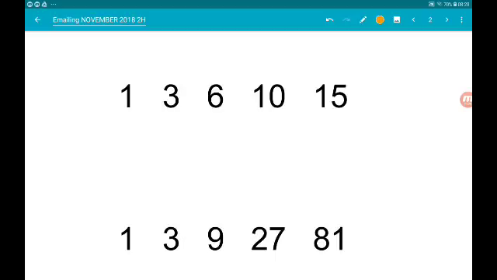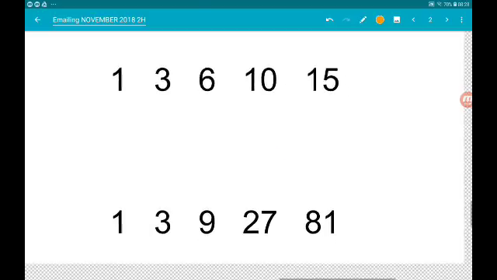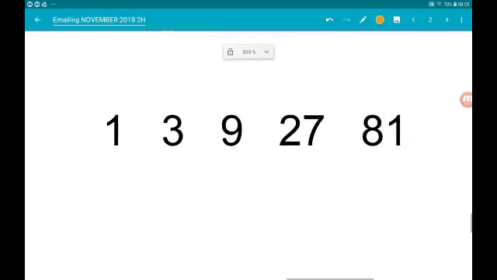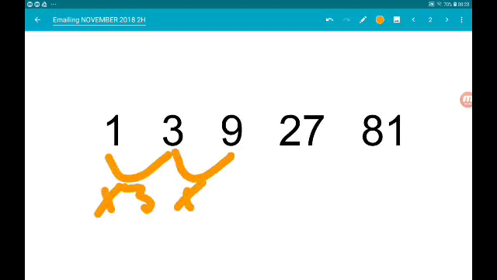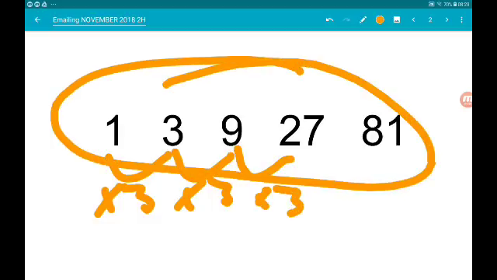We are adding 2, then adding 3, then adding 4, etc. So that one is also quadratic. This guy is our winner. Geometric sequences are when you multiply by the same amount to get from term to term. So here we're timesing by 3 each time. So this is our geometric progression. Cool.